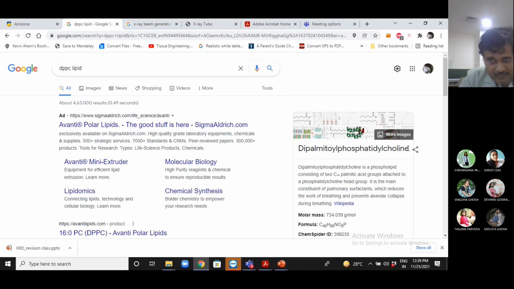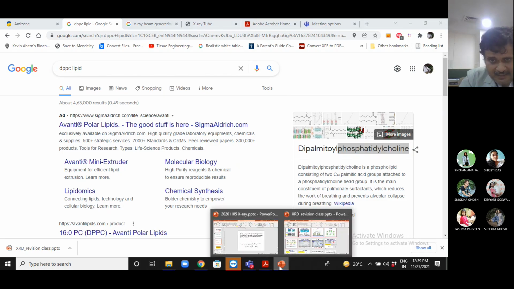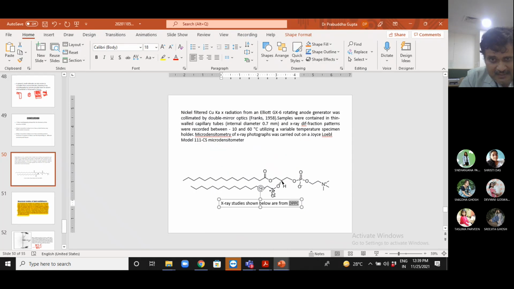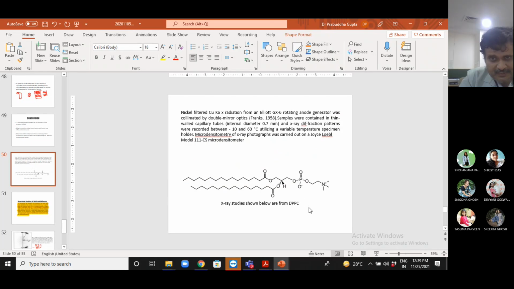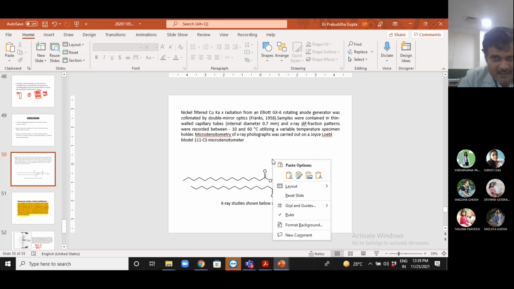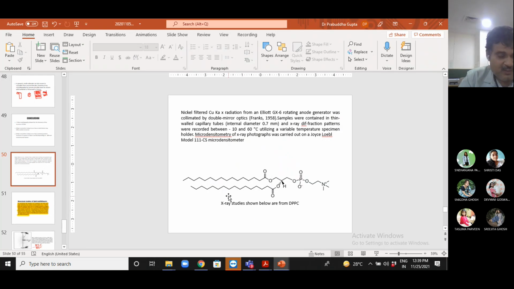So it is a phosphatidylcholine, a phospholipid, and there are two palmitic acids attached as the hydrophobic side chains. This phosphatidylcholine is made into a bilayer, and I will give you a paper in which they studied the various stages of this phosphatidylcholine, that is the amorphous stage, semi-crystalline stage, and gel stage.